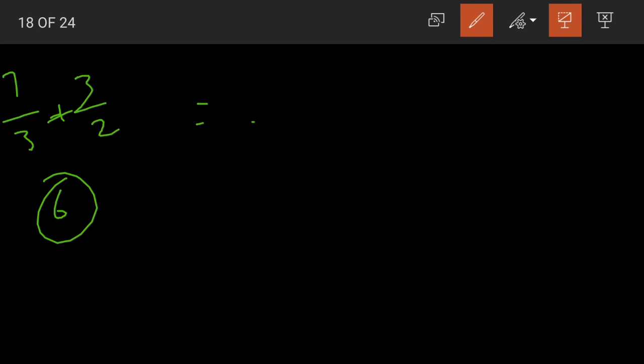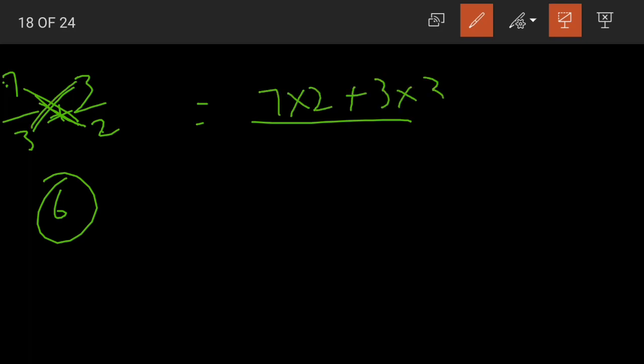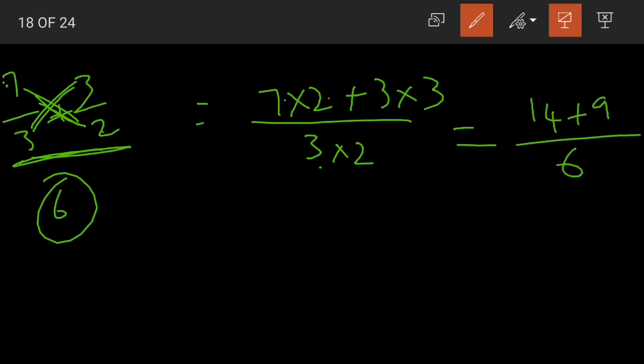So simply what you can do is cross multiply: 7 into 2 plus 3 into 3 divided by, just multiply the denominators, or simply you can directly write the LCM. 7 2s are 14 plus 3 3s are 9 divided by 3 2s are 6. 14 plus 9 becomes 23 divided by 6.